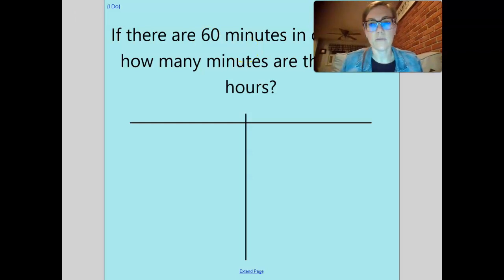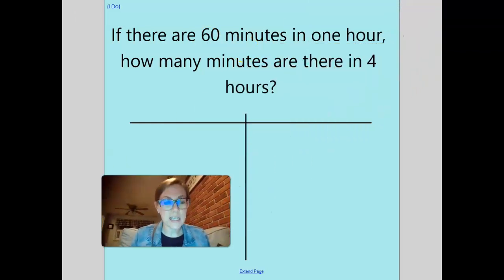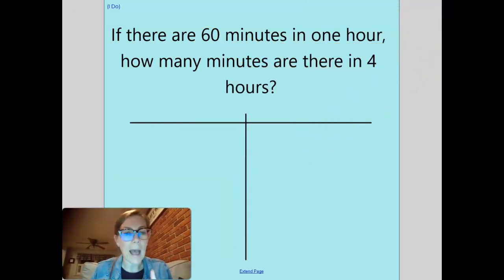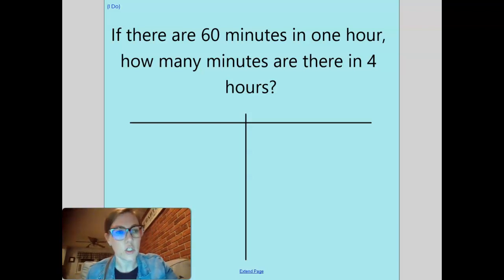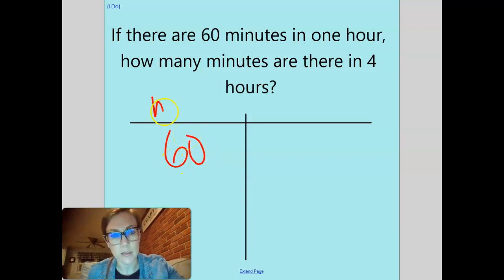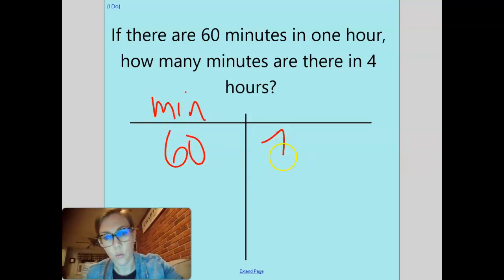Okay, so here's the first one. If there are 60 minutes in 1 hour, how many minutes are there in 4 hours? The reason I made a T-chart is to help me break this down. So, as it mentioned, there are 60 minutes in 1 hour.